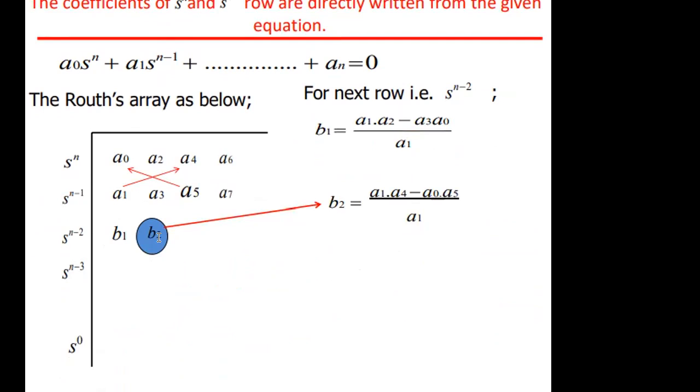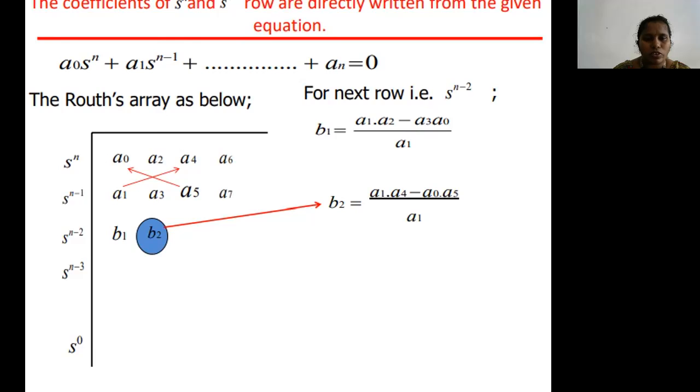For B2, we write the equation as A1 A4 minus A0 A5 divided by A1. That is, the multiplication of A1 with A4, minus A0 A5, divided by A1. Up to now, how many values have we determined?